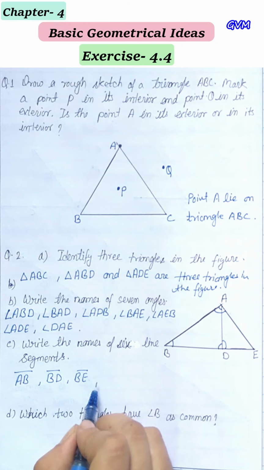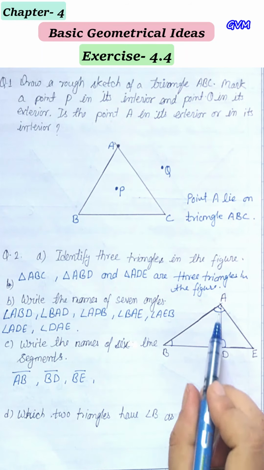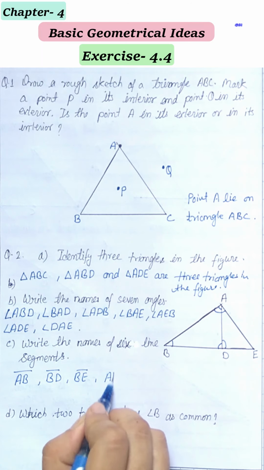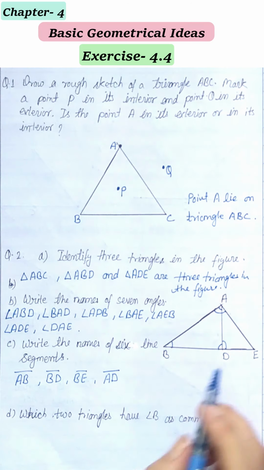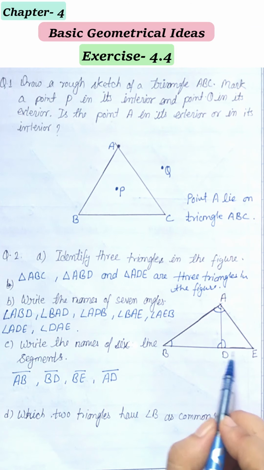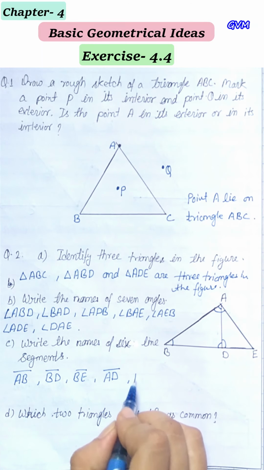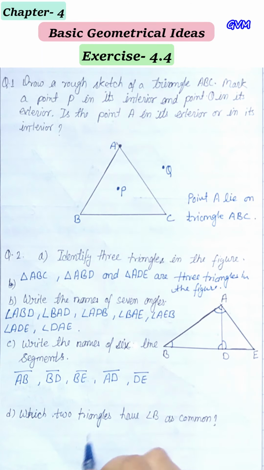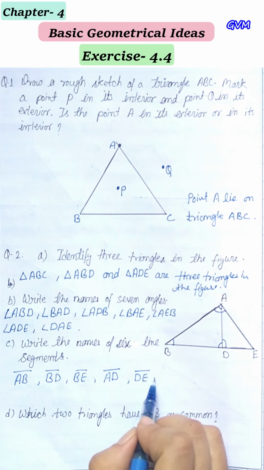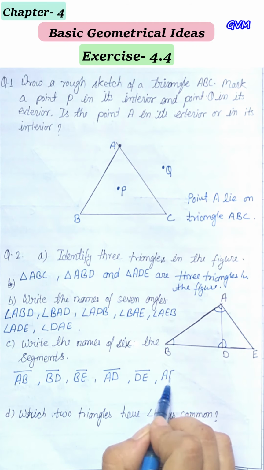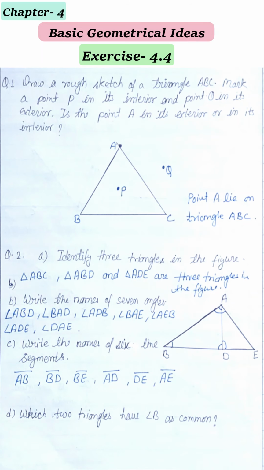Then we have AD, and DE, and line segment AE. So these are the 6 line segments we have in this figure.